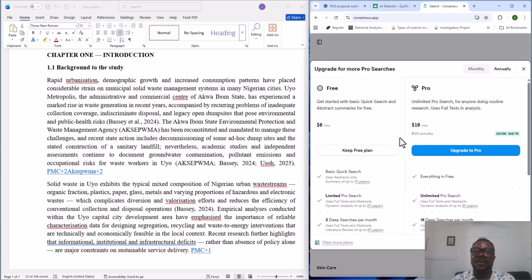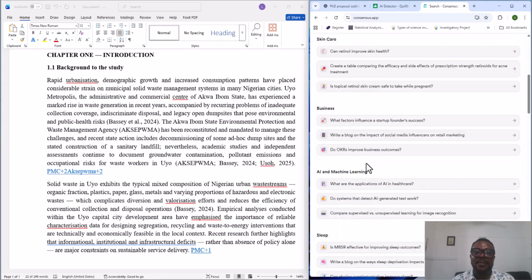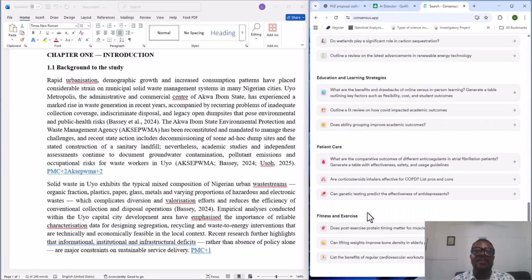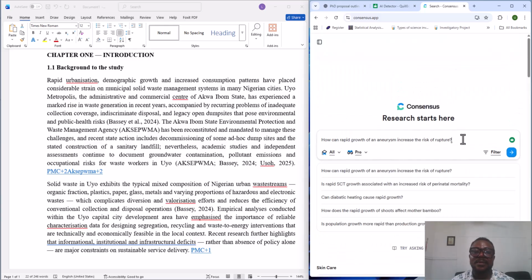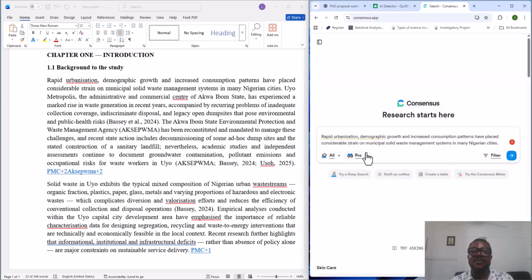Let's see what we have here. Let's see whether Consensus is working for us today or not. So it's telling me that I should upgrade or I should keep a free plan. Let's keep it free for now.